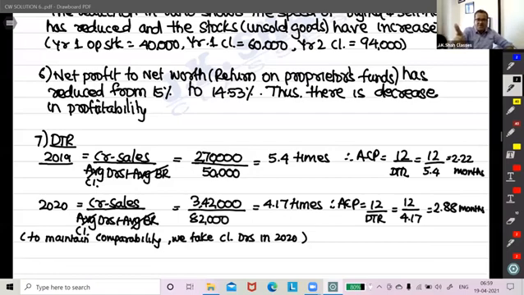Arey, here on the screen, I'm writing the reason that you should not take average debtors, and people are messaging me, sir, average debtor this much, sir. What?